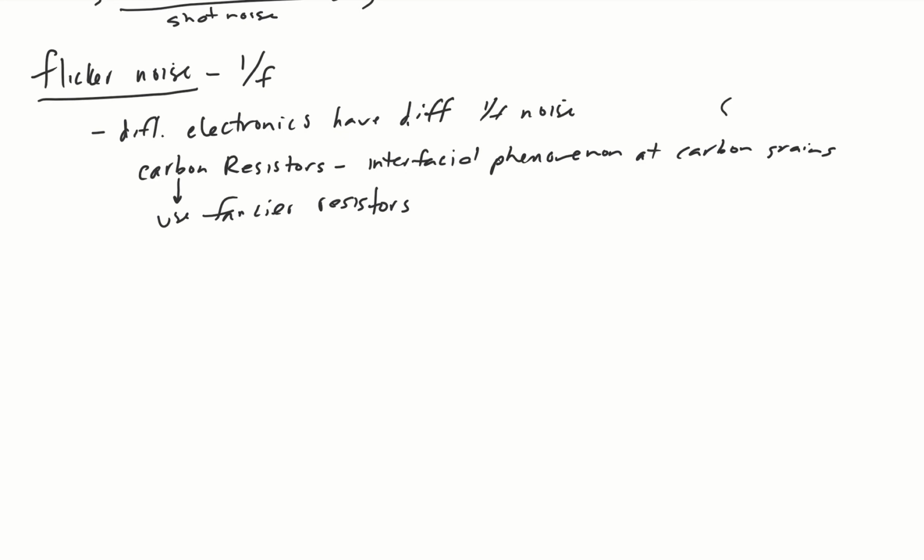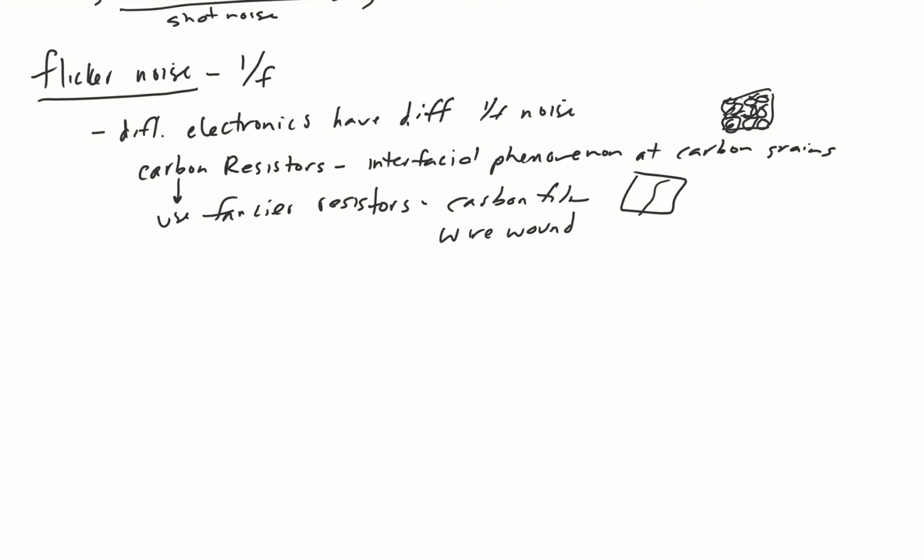So instead of having, let's say, like, this is like a nanoscale view. Like these little squiggles I'm drawing are the different grains within the carbon. You can instead use fancier resistors like a carbon film, where they'll thermally process this carbon, so you'll have, in the same amount of area, instead of having a ton of different interfaces, maybe just 1 or 2. Carbon film or wire wound resistors.